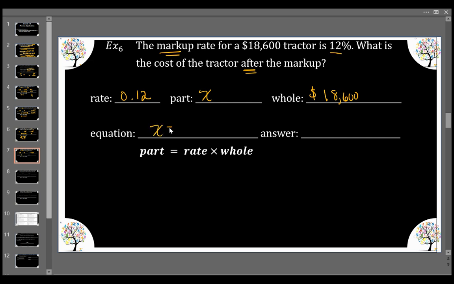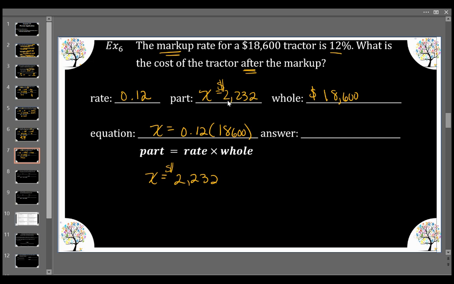So we have the part is equal to our rate times the original price of the tractor. And when we multiply this to find X, we're going to get $2,232. So the tractor at the store is going to be the cost of the store owner, which he paid $18,600, plus he's going to mark it up to make a profit.